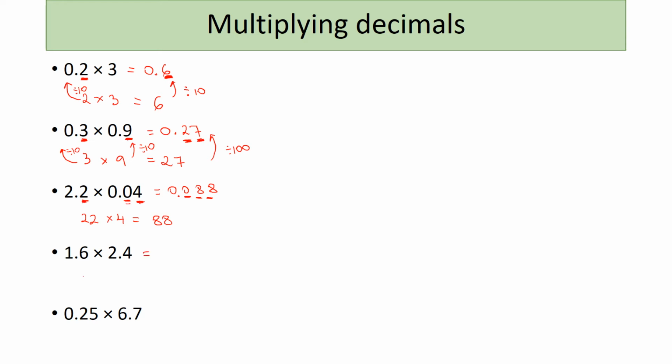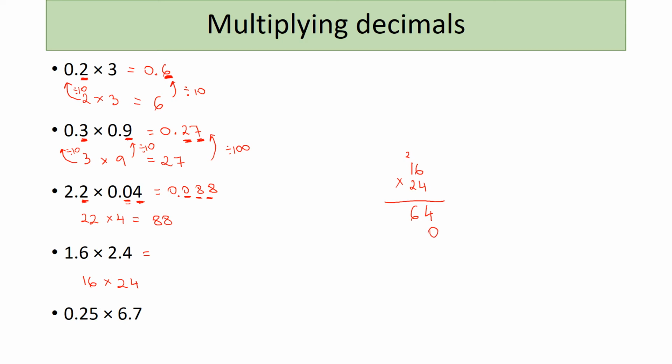Now, the next question, 16 times 24, we can help ourselves here. 4 times 6 is 24, carry the 2, 4 times 1 is 4, plus 2, that is 6.